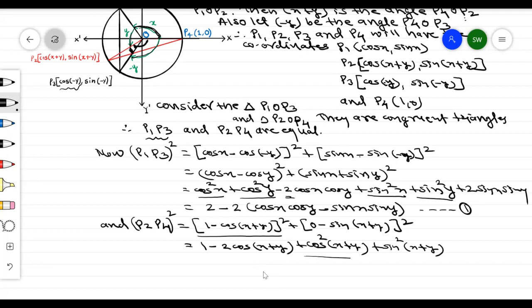So this is again 1, so this is 2 minus 2 cos of x plus y. Now this is number 2.